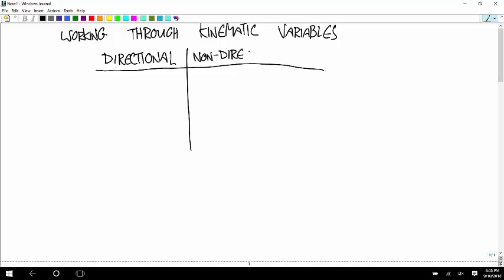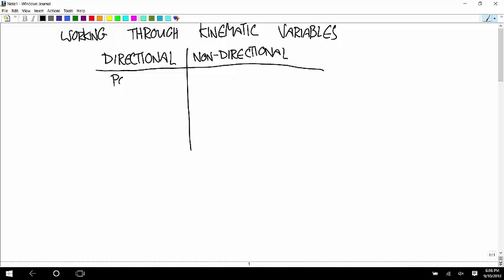And everything that we talk about in physics has an everyday speech way of being referred to using non-directional stuff. So I want to make the connection between the directional quantities that we're going to use and the non-directional quantities that you're more used to hearing about.